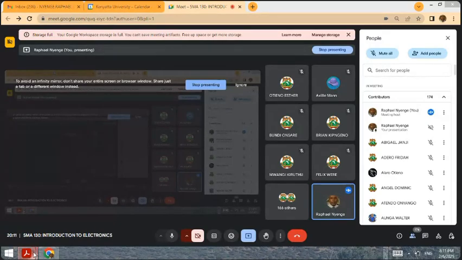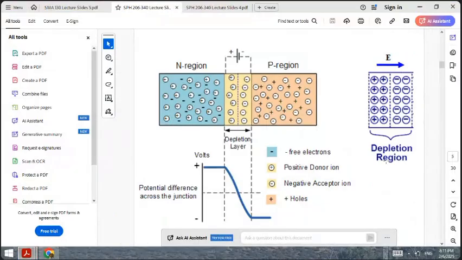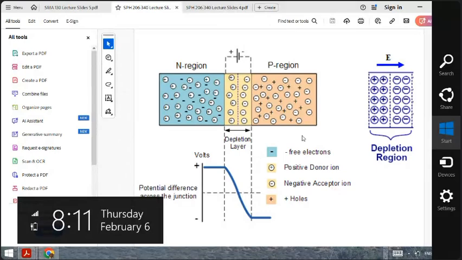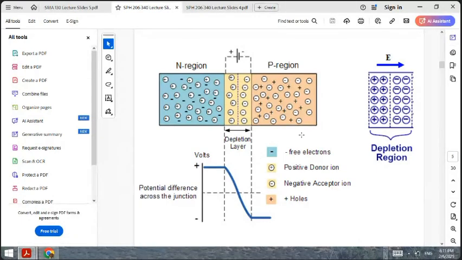Now, those who are joining later, making our work difficult. So we have this small circle with a negative sign, which is a negative acceptor atom. I will repeat again how this negative acceptor atom is formed. We have the acceptor atoms having holes and the holes cross.